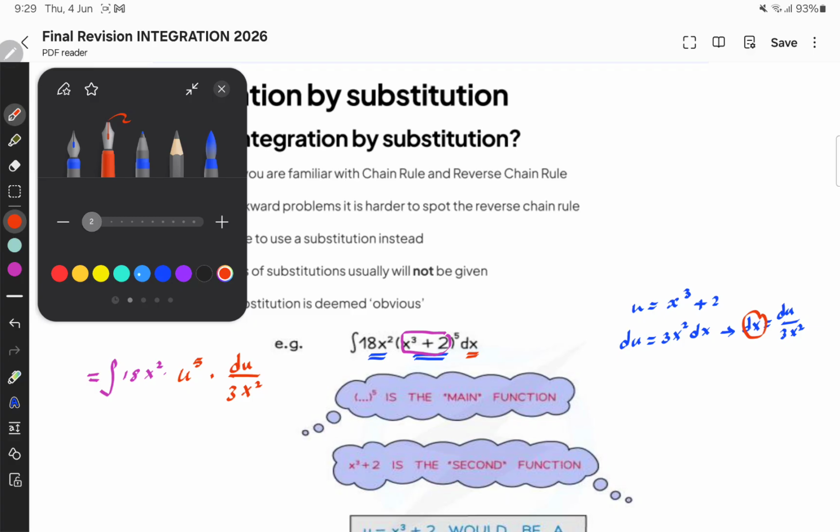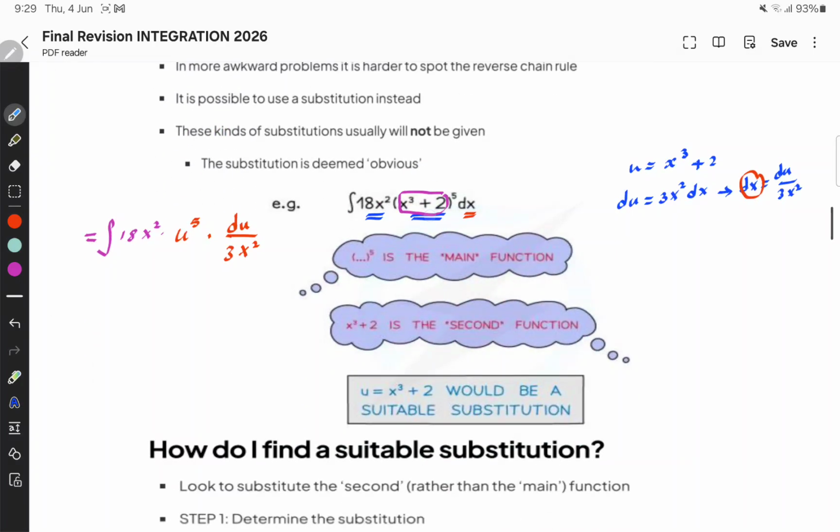So here we just need to simplify. Integral of 18 divided by 3 will be 6, and you can take it outside. x squared divided by x squared cancelled. So I have here u to the power 5 with respect to du. Now just integrate, adding 1 to the power, 5 plus 1 will be 6. Divide by the new power, 6 over 6 will be cancelled. All of that plus c.